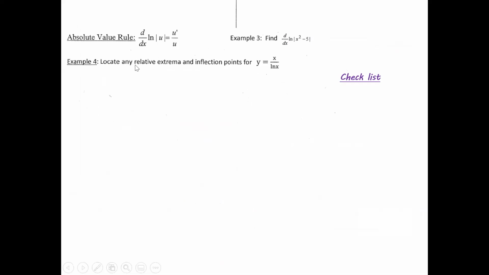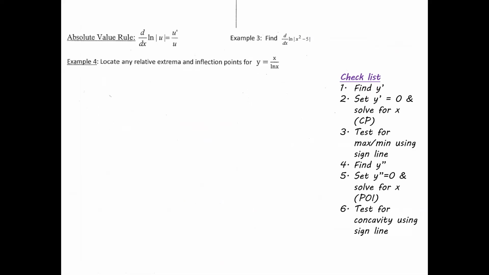This question is asking you to find the local extrema, which is the content that we talked about in unit 3, of maximum and concavity, but now we're going to throw in natural logs as well. So I have a checklist right over here that you can take a look at and read, and this is what we're going to be doing to find that information.